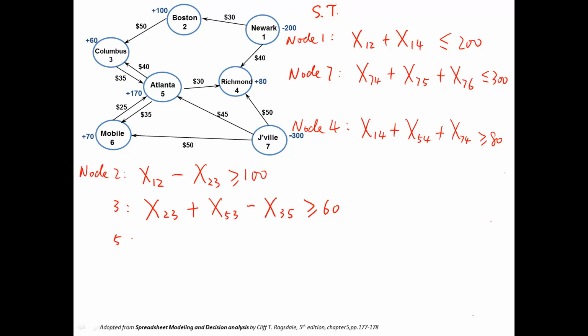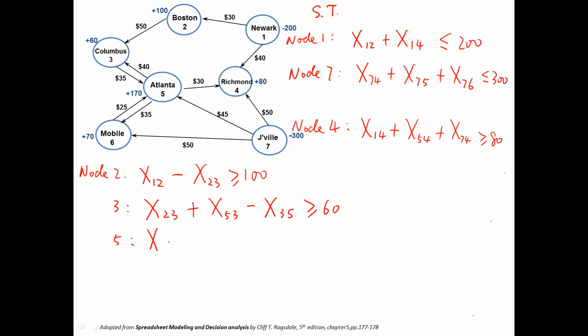Okay, so then for node 4, it's the demand node. Node 5. Okay, I'll ask you guys, what are the inflows to node 5? You check. Okay, 3 to 5, 6 to 5, and 7 to 5, right?